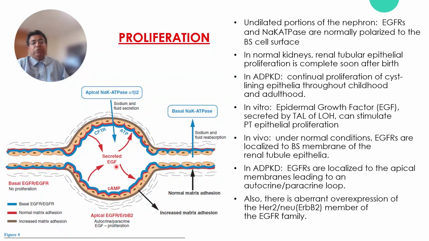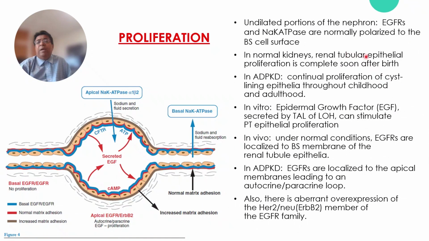And that contributes to fluid secretion into the cyst. And then finally, there is increased matrix adhesion. Normal matrix adhesion allows for normal tubular structure, whereas increased matrix adhesion pulls the cells into a cystic morphology. So those are the things that are important in cyst formation.